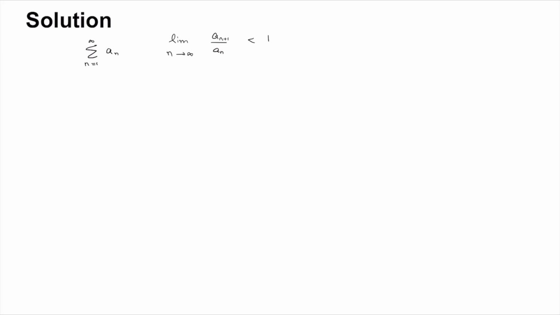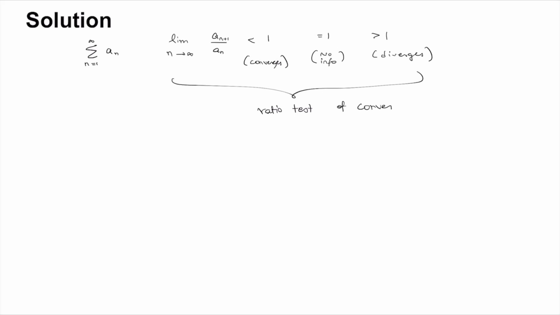If it is equal to 1, then you can't say anything, and if it is greater than 1, it diverges. So what is this called? This is called the ratio test of convergence.